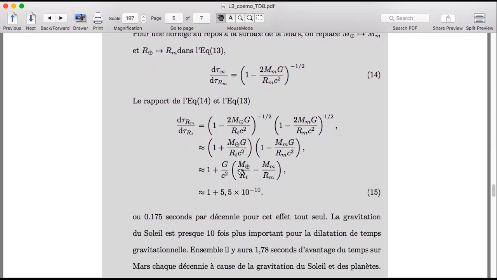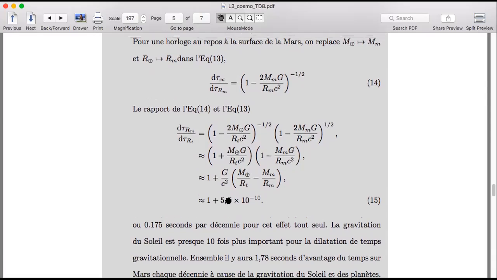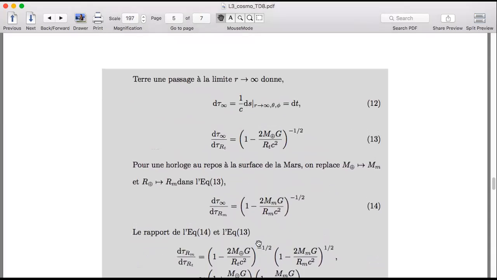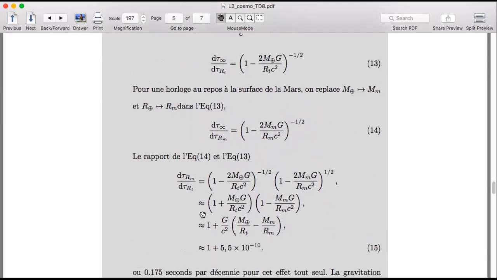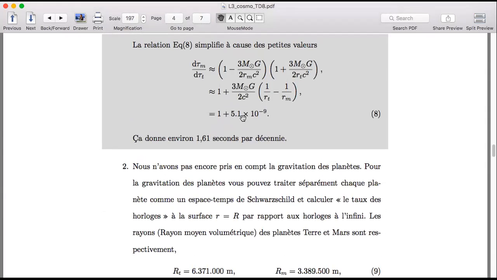And so Earth wins out here, and we have a positive number here, which, coincidentally, is a similar number, 5.5, but it's 10 to the minus 10 here for the difference, than what we got in the first calculation. It was 5 something times 10 to the minus 9.